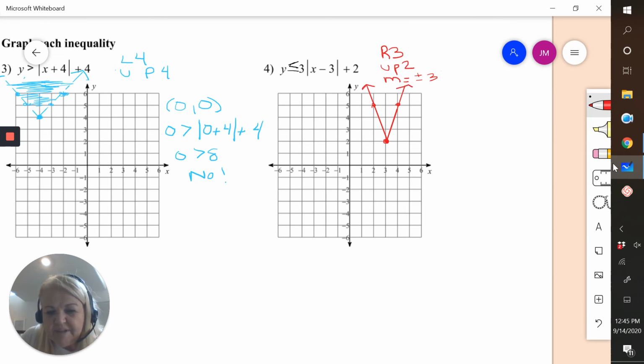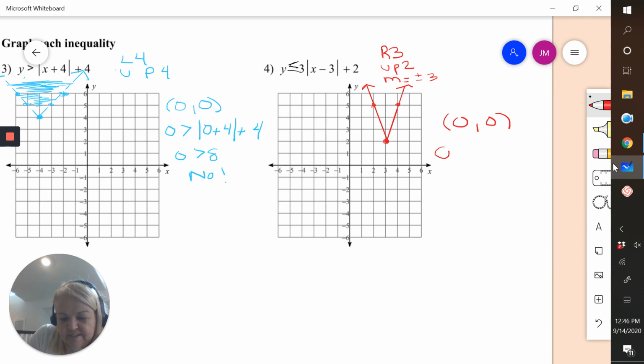Now I'm going to pick a test point. Again, I'm going to pick 0, 0. The only time you cannot pick 0, 0 is if 0, 0 is on your graph. If 0, 0 is on your graph, you cannot do it. You have to pick a point that's clearly on either side of your graph. So let's go ahead and do 0, 0.